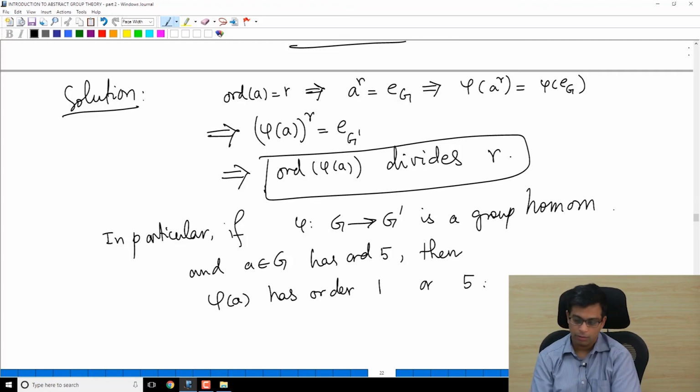It's an immediate consequence of the problem, because whatever the order of phi A is must divide 5. 5 being a prime number, it is either 1 or 5.